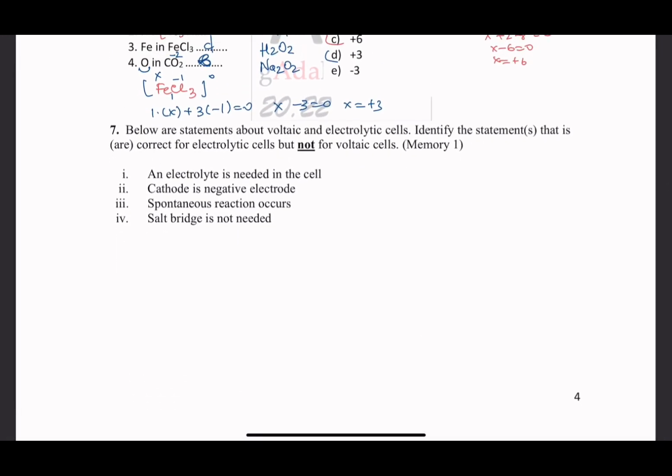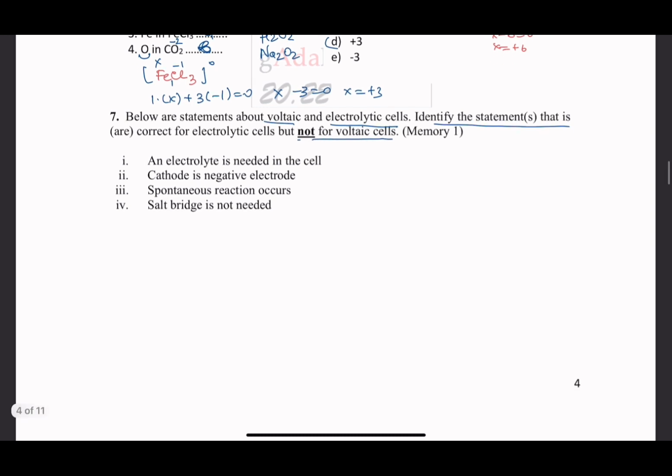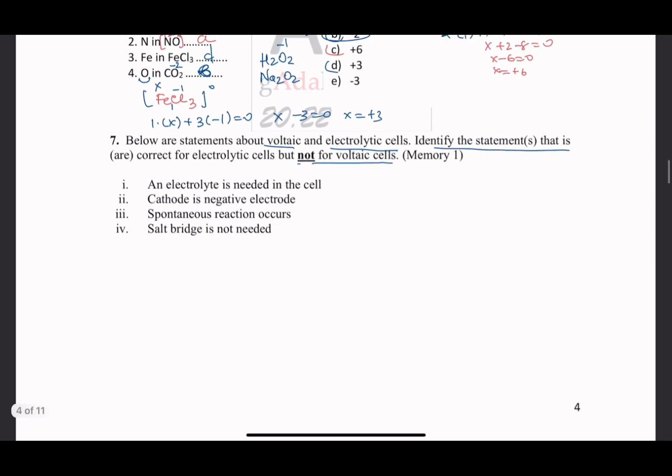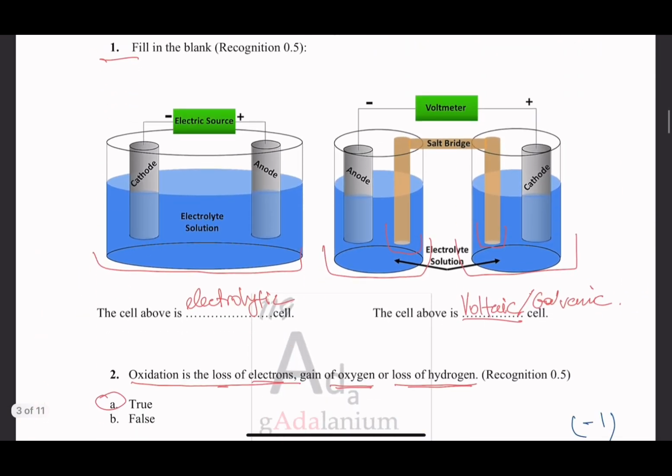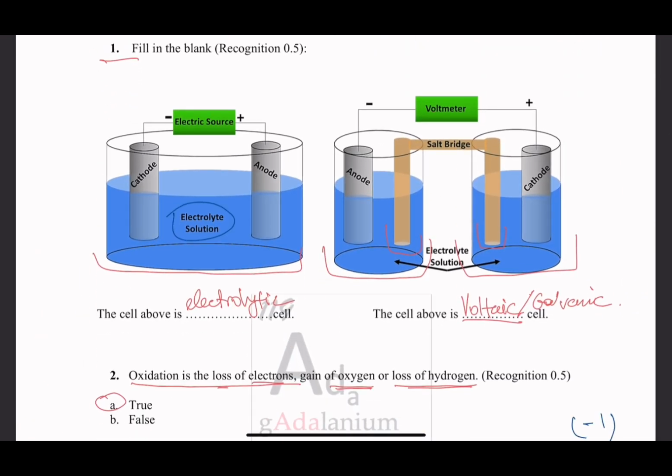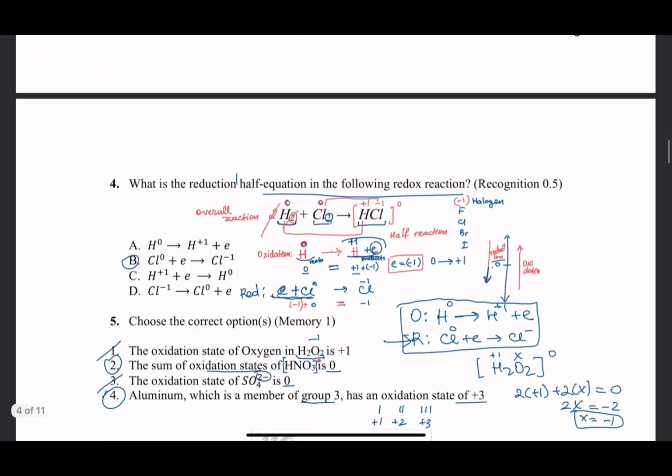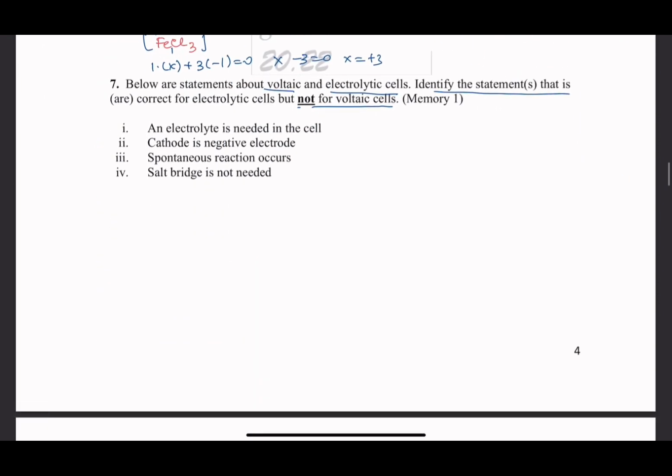Below are statements about voltaic and electrolytic cell. Identify statements that are correct for electrolytic cell but not for voltaic cell. Okay, as you guys have seen over here, they both have electrolyte solutions. So the first one, electrolyte is needed in the cell. It says that it gotta be true for electrolytic but not for voltaic. So this is not the answer. Cathode is negative electrode.